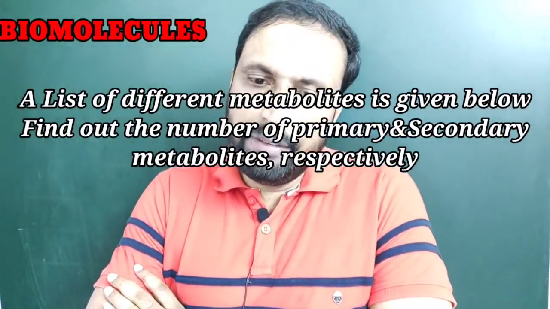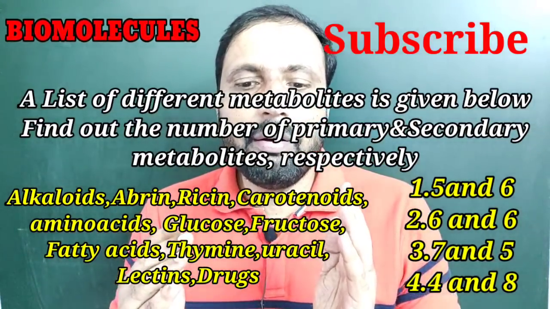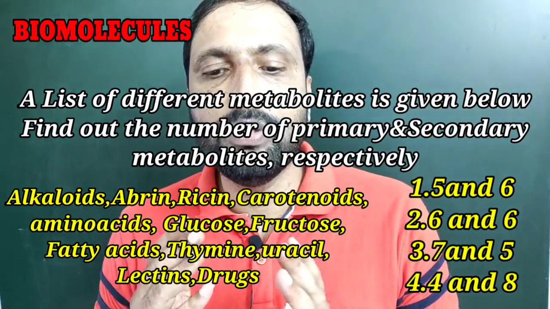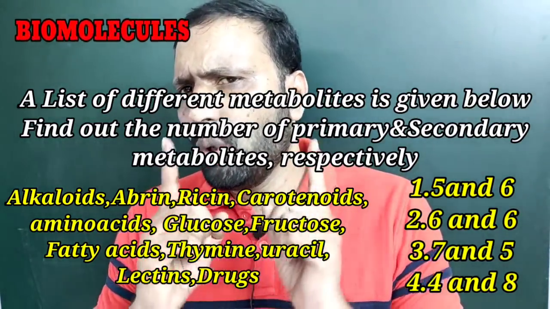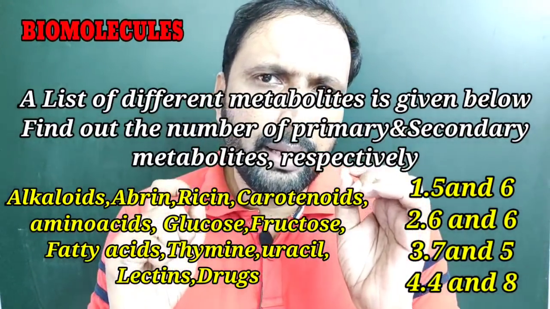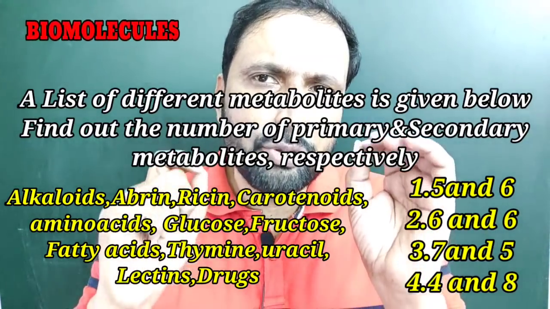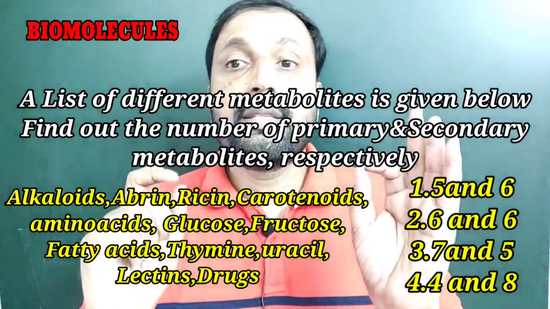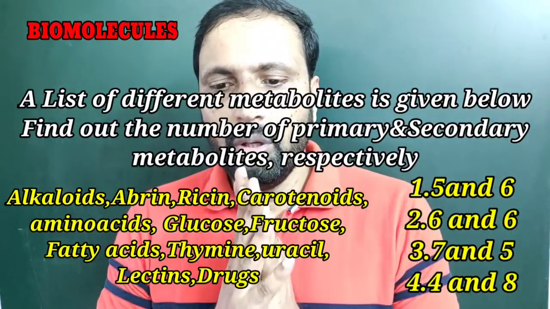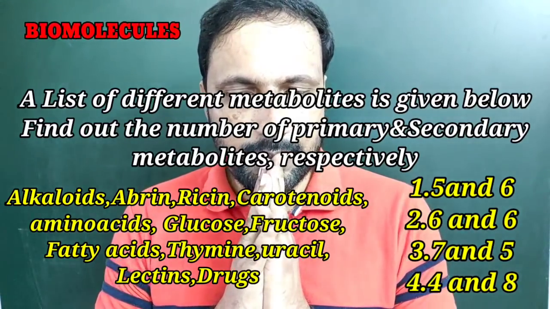A list of different metabolites is given below. Find out the number of primary and secondary metabolites respectively. You know the difference between primary and secondary metabolites. Primary metabolites have a role directly in physiological processes. Secondary metabolites have economic importance.